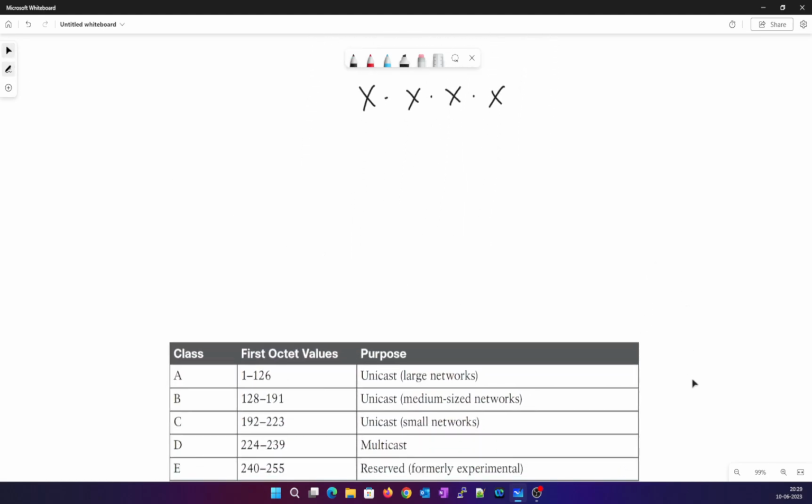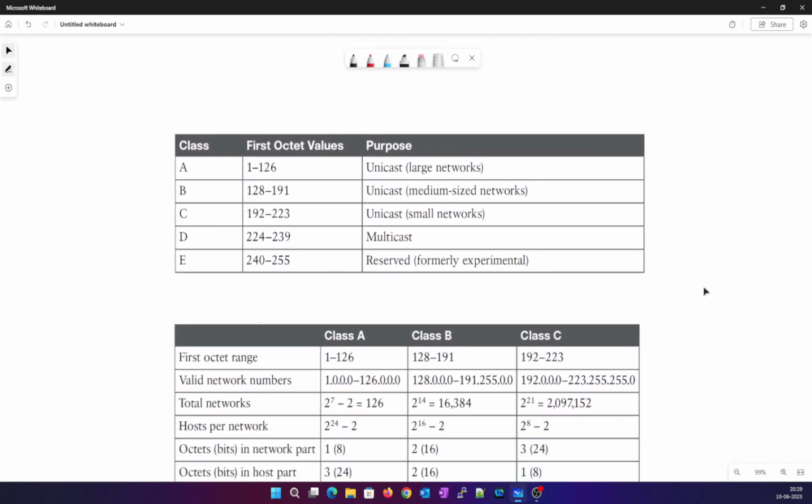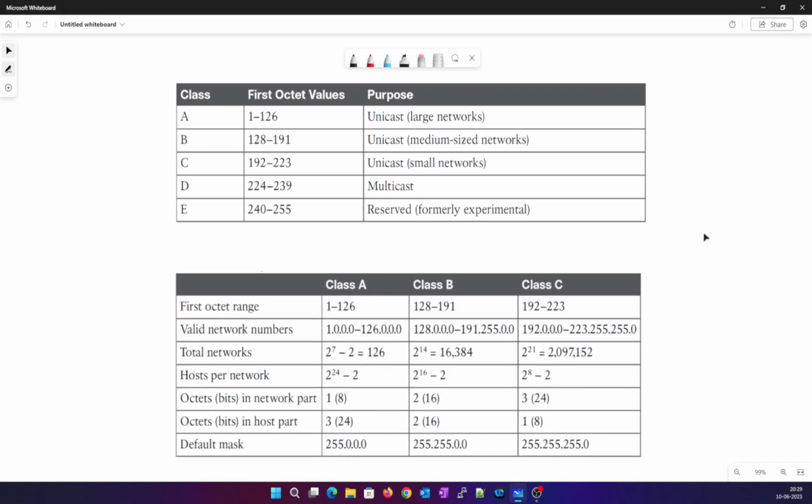As we all know, these IP addresses have been classified into different classes. Here are those values. For class A, just note that this classification is basically done by us humans. It is for our understanding. The computer or any networking device is not bothered about these classes.